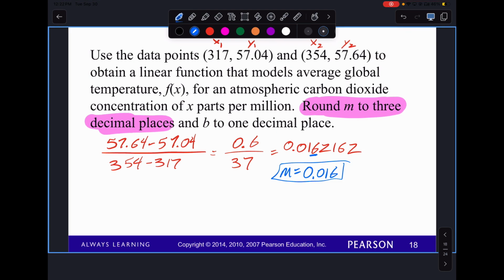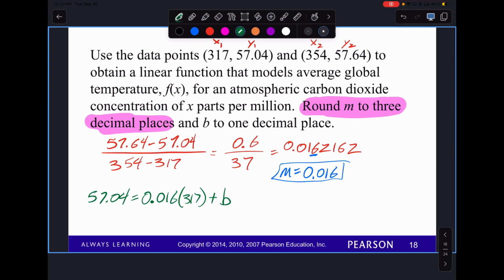Now I need to solve for my b. So I'm going to use one of these 2 points. So I'm going to use the first one. So we're going to do 57.04. That's my y equals my m, 0.016 times my x, which is 317, plus b. Do we know how to solve that? Yeah, we know how to do that.